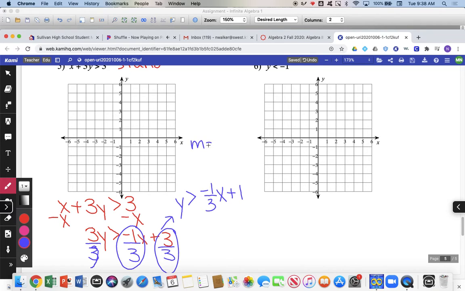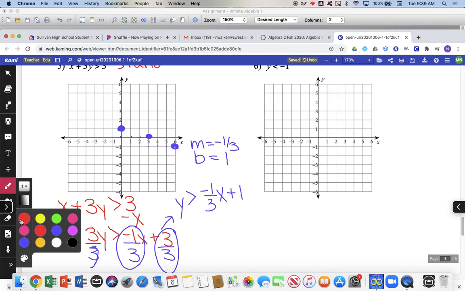We have a slope of negative 1/3, a y-intercept of 1. So we begin at positive 1 on the y-axis, and then negative 1/3 will tell me to go down 1 and over 3. Make a second point. Then I can go down 1 more, over 3, make another point.